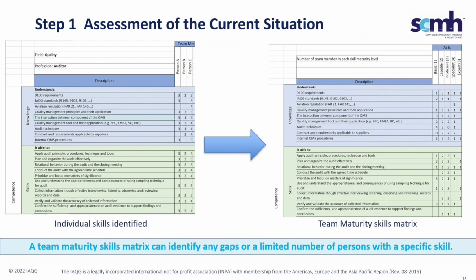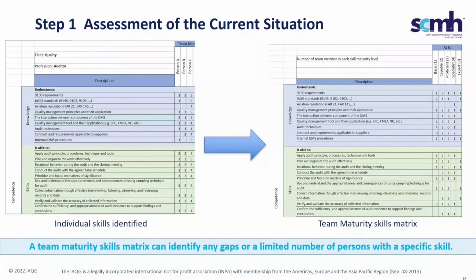Such a matrix can identify any gaps or a limited number of persons with specific skills. The line manager has considered the number of persons in each skills maturity level.